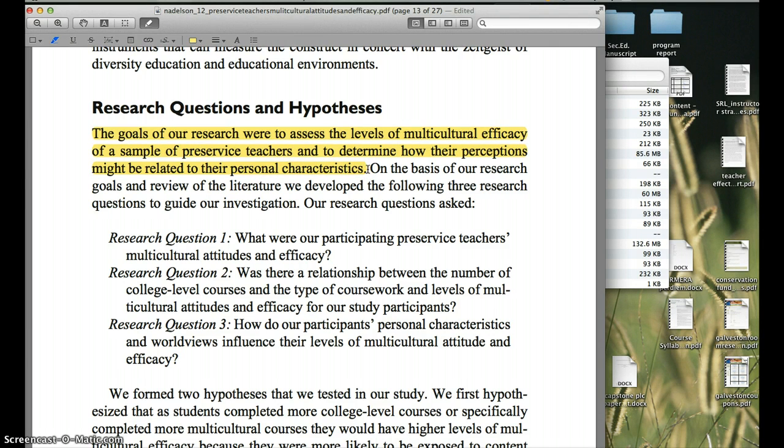So that's the broader question that they started with. From there, they needed to narrow that down to specific research questions that had fairly clear variables that they wanted to investigate within this research project.